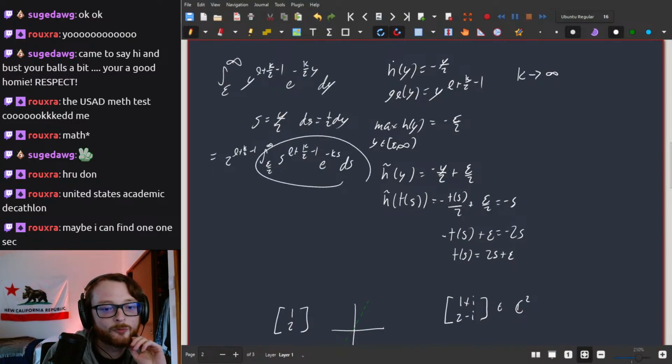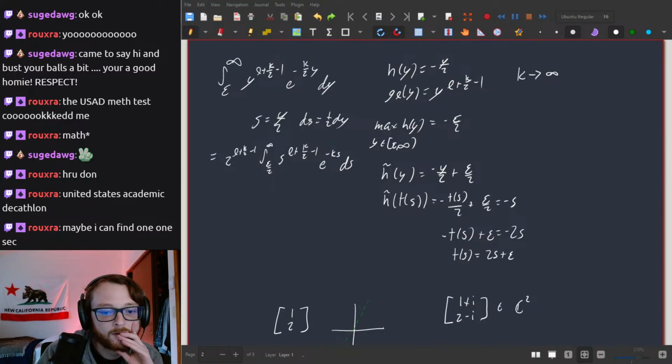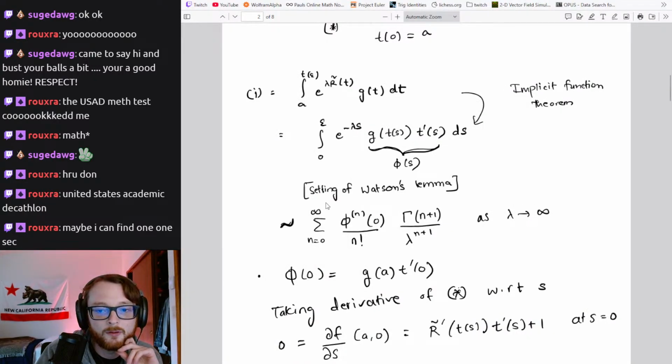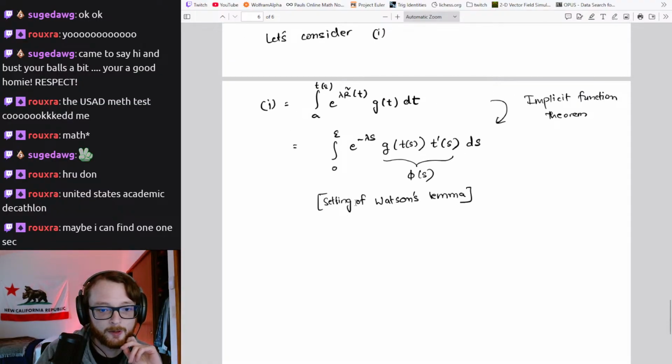And so allegedly we use Watson's lemma on this bad boy. Actually, let me bring up the next set of notes and see. Okay, the notes just trail off here because that's where we ended for that day.